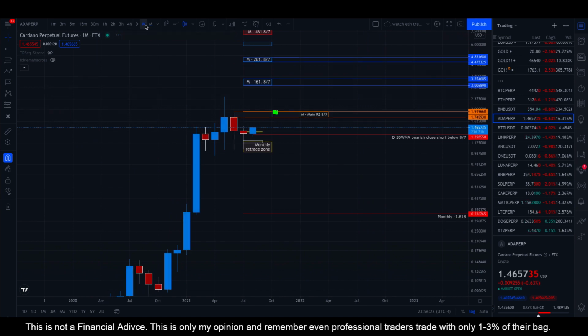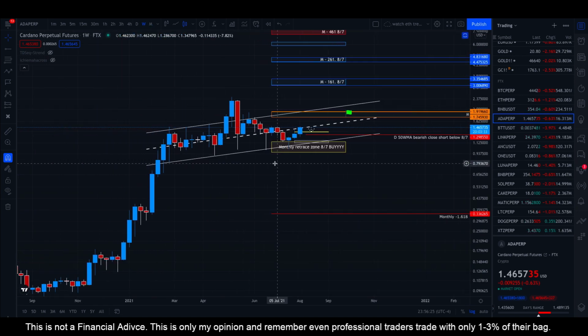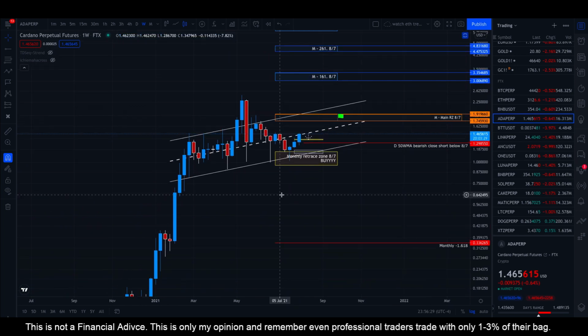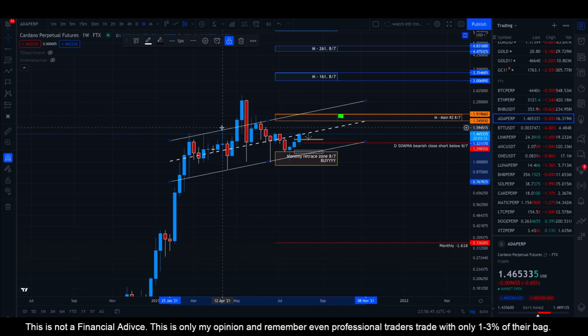Now let's move to the weekly time frame, and over here I drew a channel where you see here we have 1, 2, 3, almost 4 touches on the bottom border, and we have 1, 2, 3 touches on the upper border, which validates my channel.